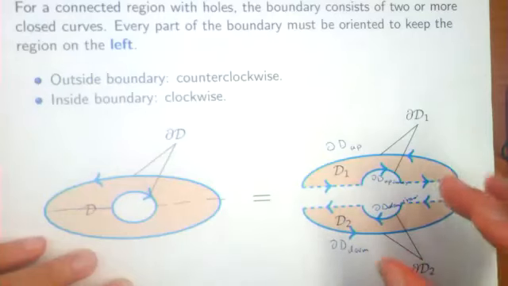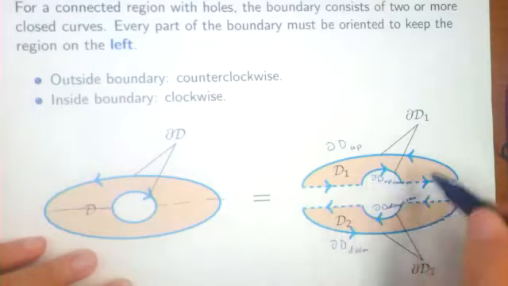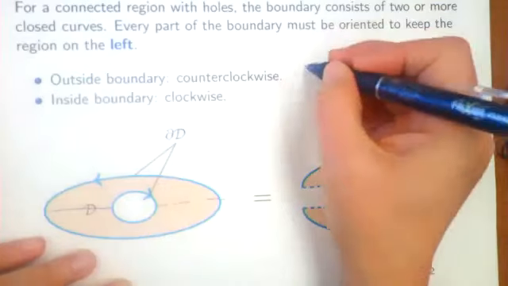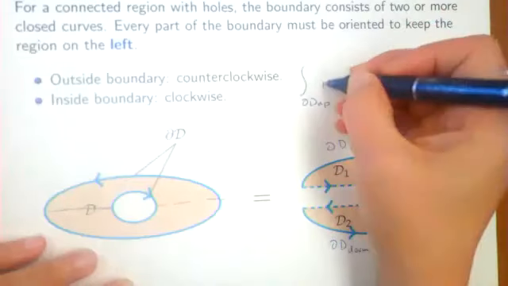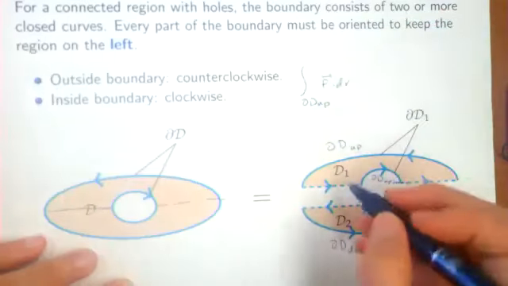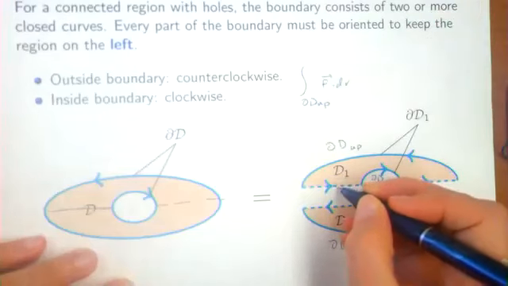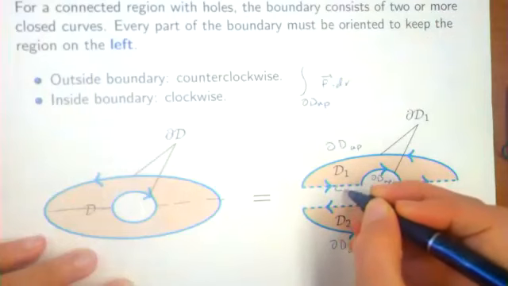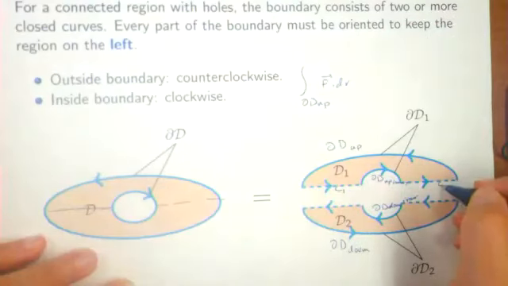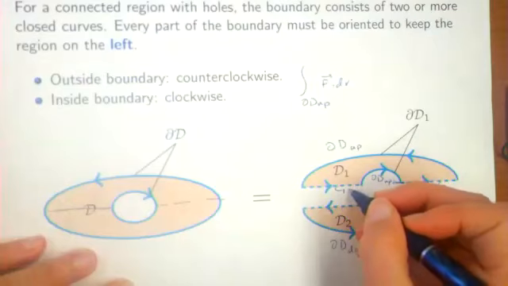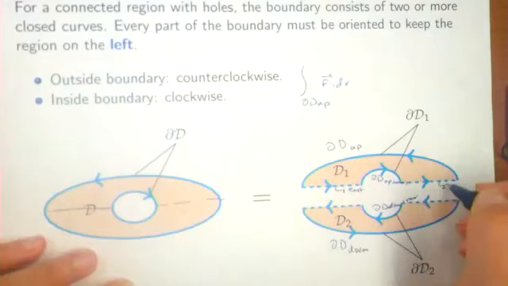When I write the line integral on the upper region, what I get is over the up, F dot dr, then over here C1 west and C2 west.